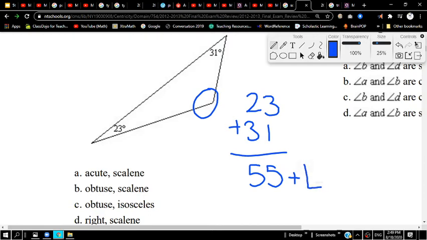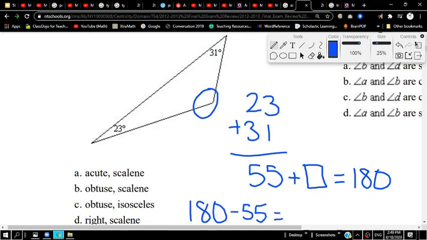In other words, 55 plus that angle measurement is going to equal 180. So I can take 180 minus 55 to get my angle measurement right there. What is 180 minus 55? Well, let's see. 10 minus 5 is 5, and 7 tens minus 5 tens equals 2 tens, 125.